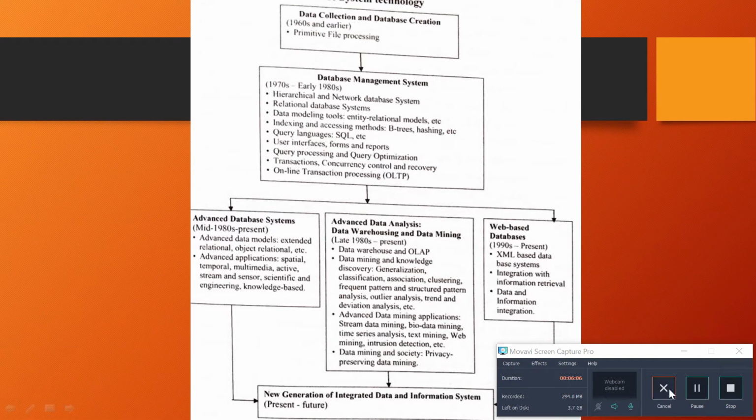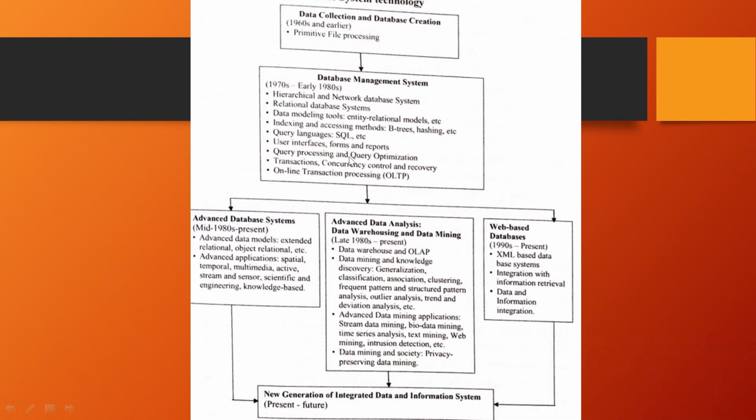All right. So, as I've said, we have the database management system that was introduced in the 70s and early 80s. This database management system has the hierarchical and network database system.